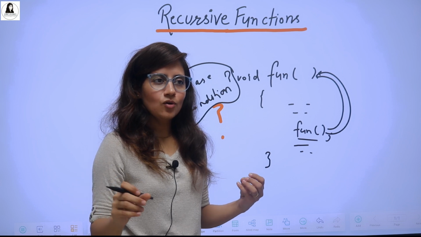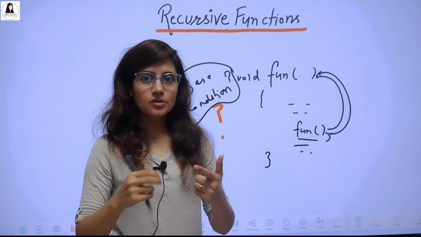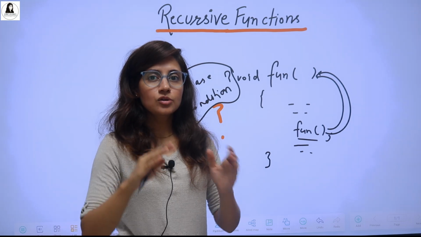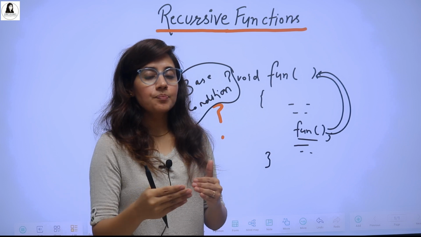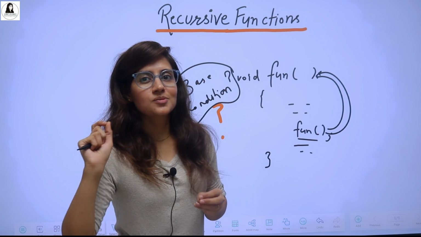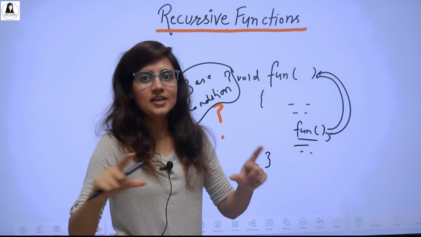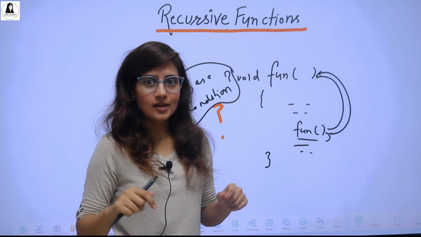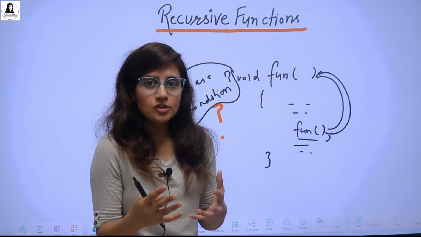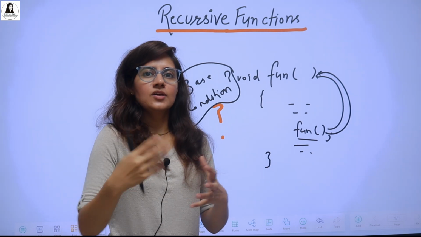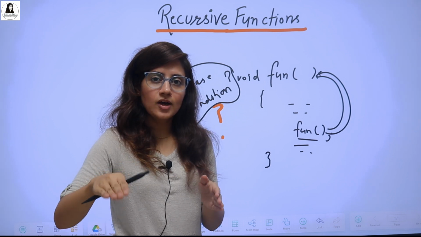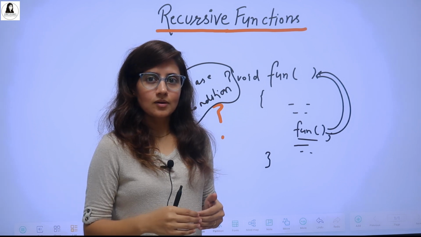So now, what is recursion? Recursion is a technique in which a function calls itself repeatedly until a given condition is met. This is the complete definition of recursion, right? And a recursive function is what? A function which calls itself repeatedly. That function is known as a recursive function, right?